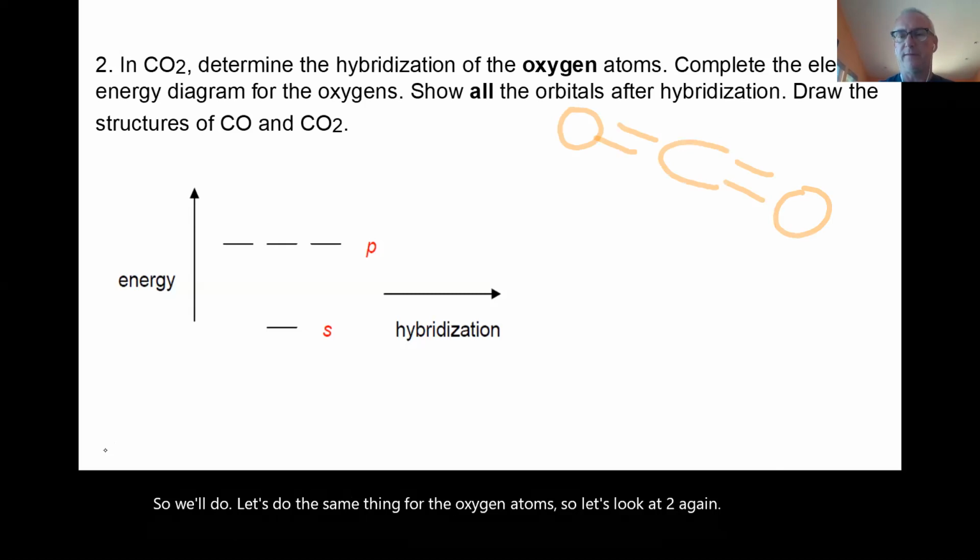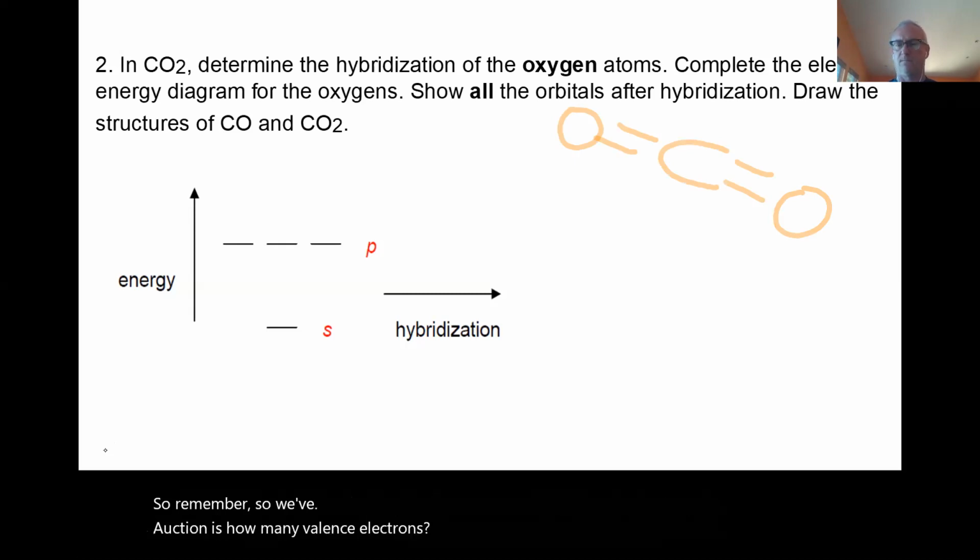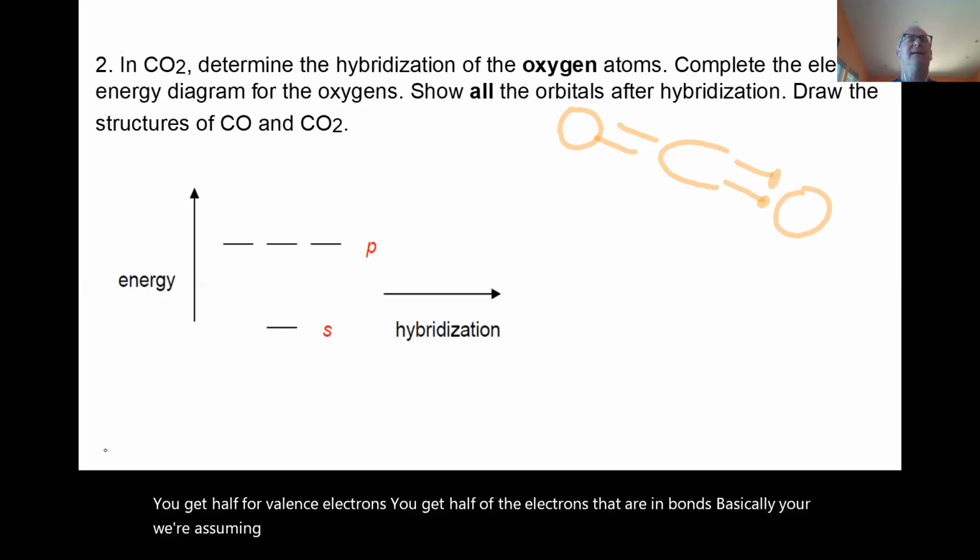So remember, oxygen has how many valence electrons? 6. Remember, for valence electrons, you get half of the electrons that are in bonds. Basically, we're assuming we share them equally.